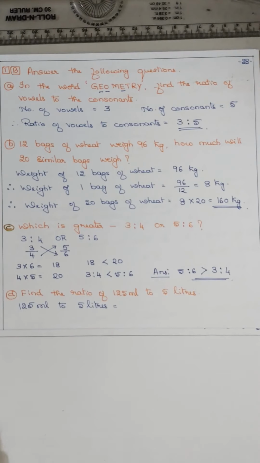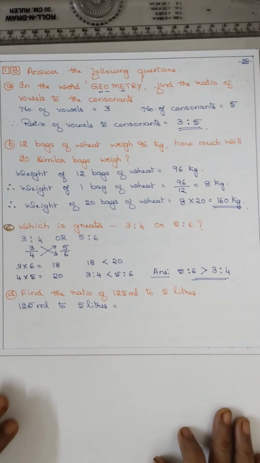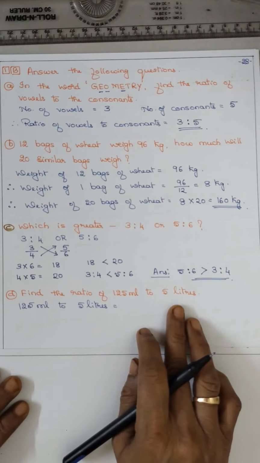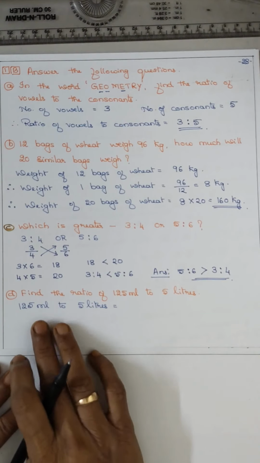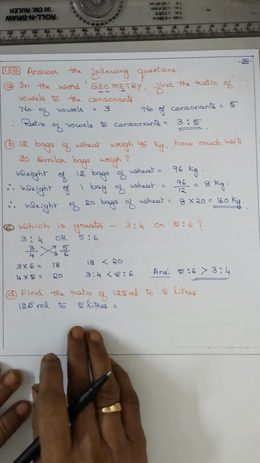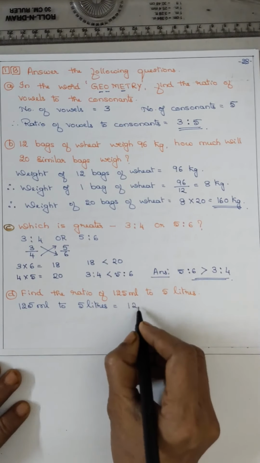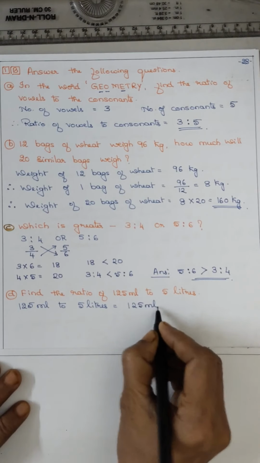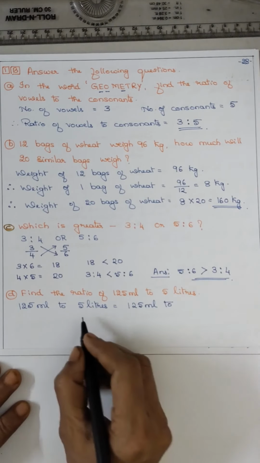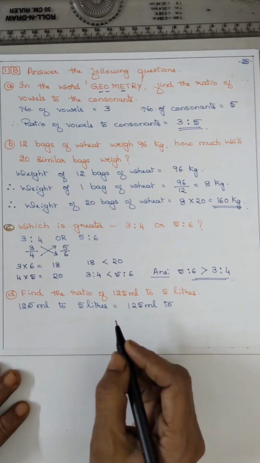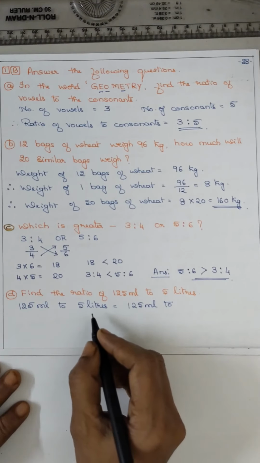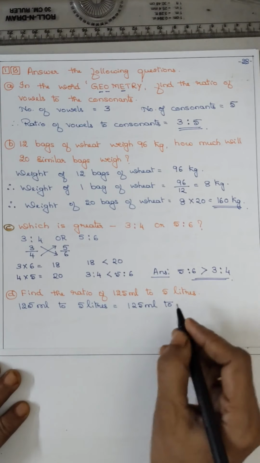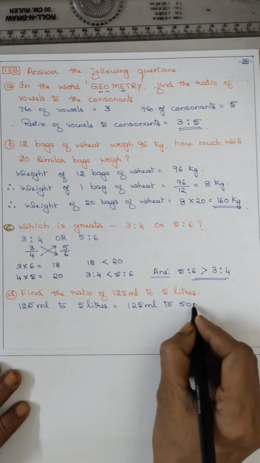Now find the ratio of 125 ml to 5 liters. So liters and milliliters, units are different, so convert 5 liters. 1 liter is equal to 1000 ml, so 5 liters is equal to 5000 ml.